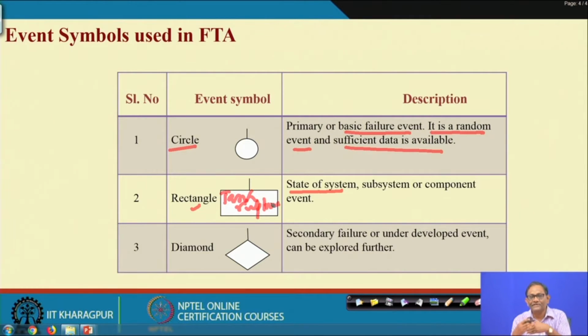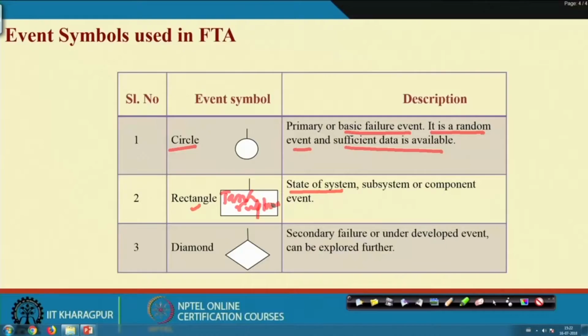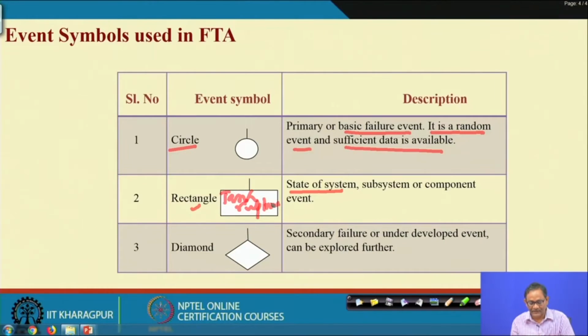There will be several intermediate events, but you may find that some of them are underdeveloped, meaning you do not have the full information and you need to explore them further. If at present, while developing the fault tree, your knowledge base is not sufficient to explore it, then this will be put under the diamond symbol. Then we say this is a secondary failure. It cannot be explored now, but it needs to be explored further.